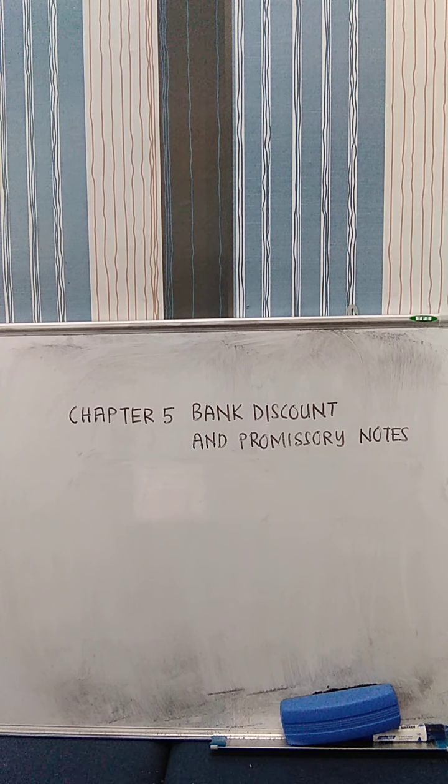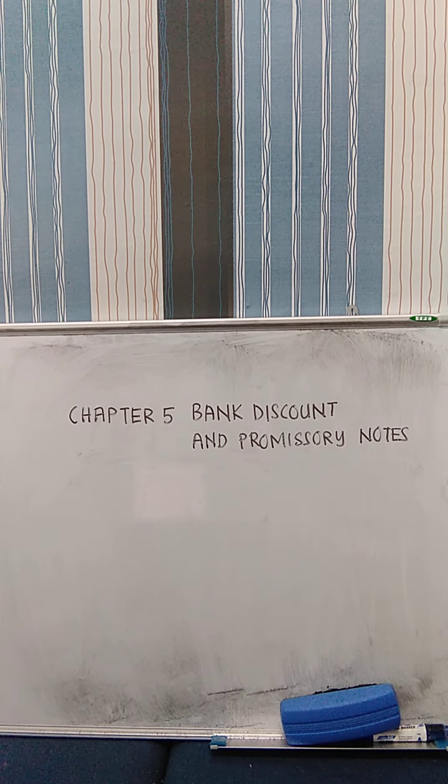Next, continue to term number 5, face value. What is face value? Face value is the amount stated on the note. Amount stated on the note means how much you want to borrow. If you want to borrow 3,000, the face value is 3,000.